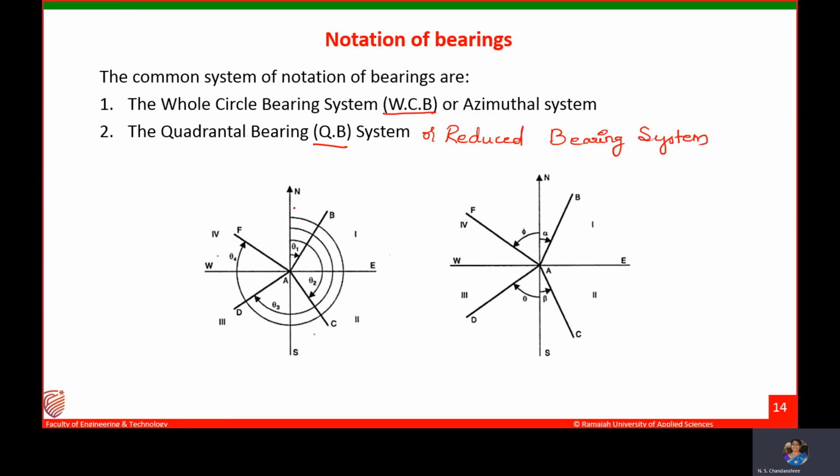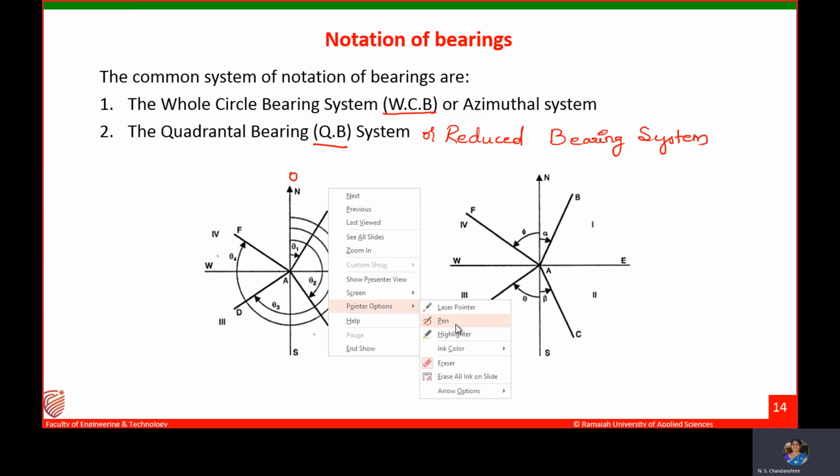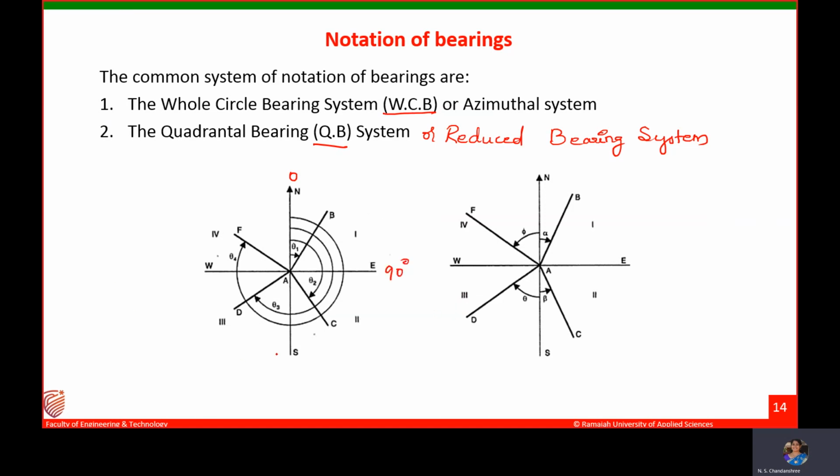So here you can see in the whole circle bearing system, it is marked from 0, and this is 90 degrees. This is 180 degrees and this is 270 degrees.